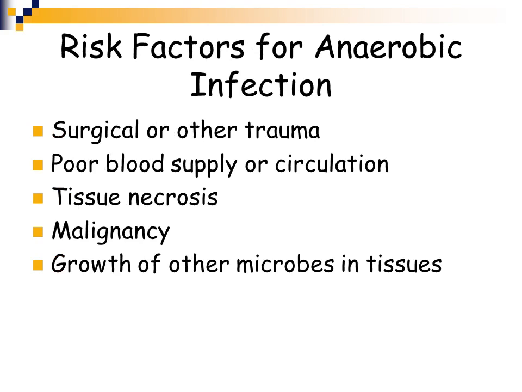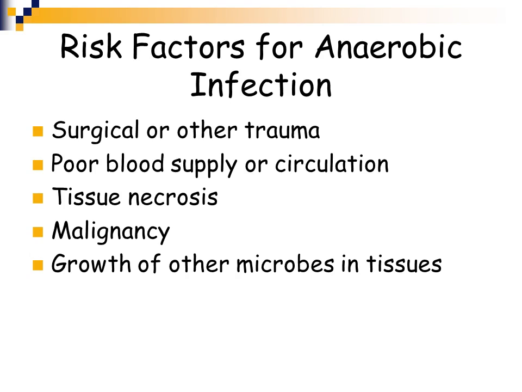Now, like any other infections, there are risk factors where an individual might be at higher risk for getting an anaerobic infection, and these would be having a surgery or another trauma, especially trauma that's deep in the tissues. Having a poor blood supply or circulation. So diabetic patients tend to have poor circulation.